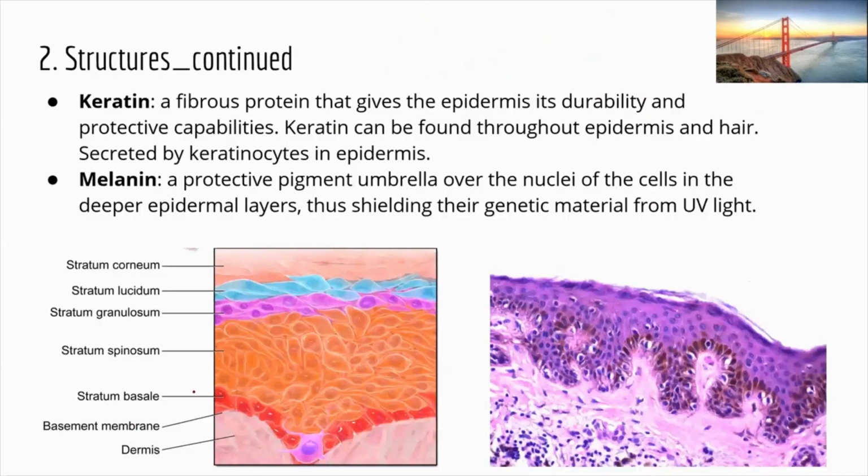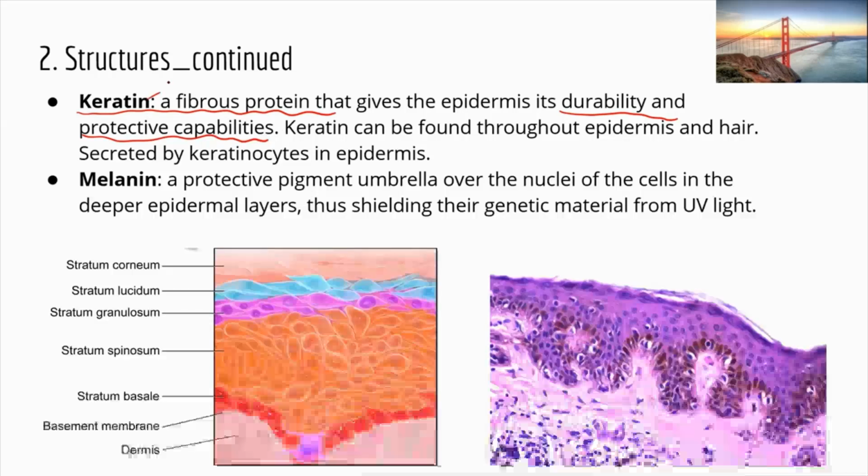All right. Next, I want to focus on two interesting things. One is a protein, the other is a protective pigment. So keratin. If you buy, let's say, hair shampoos or conditioners, you probably see this term. So keratin is a fibrous protein that gives skin its durability and protective capabilities.